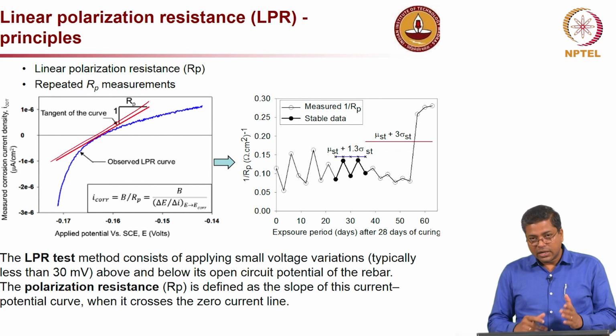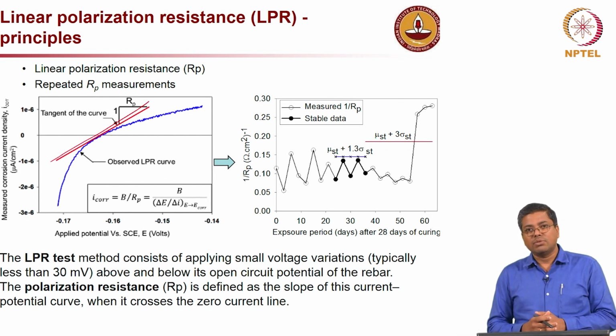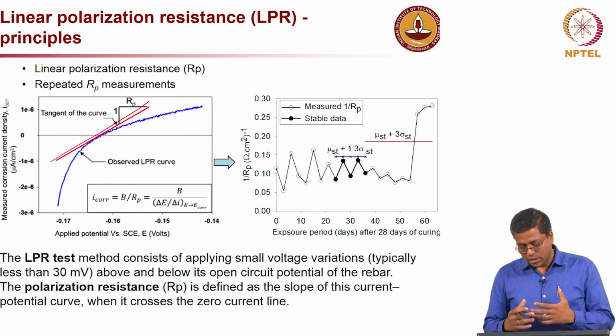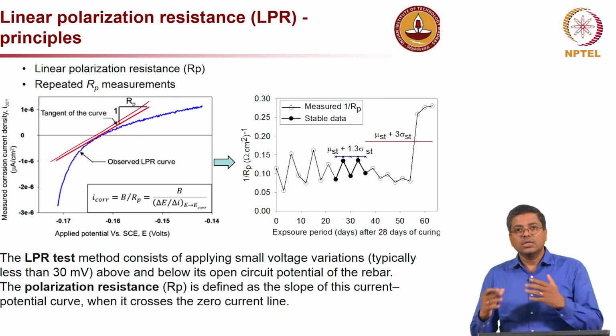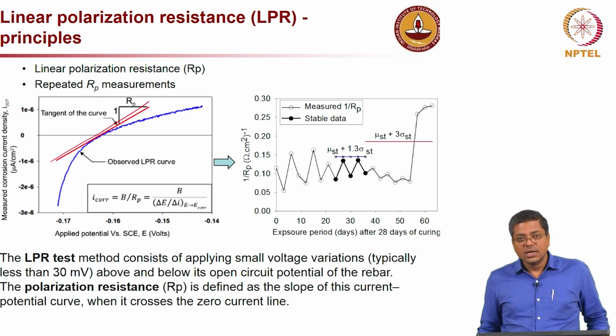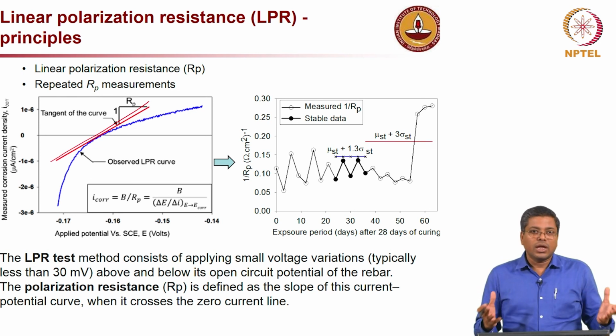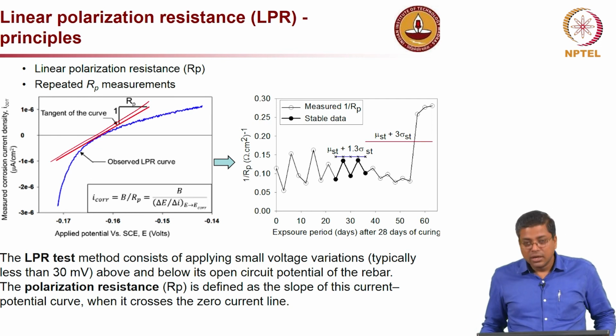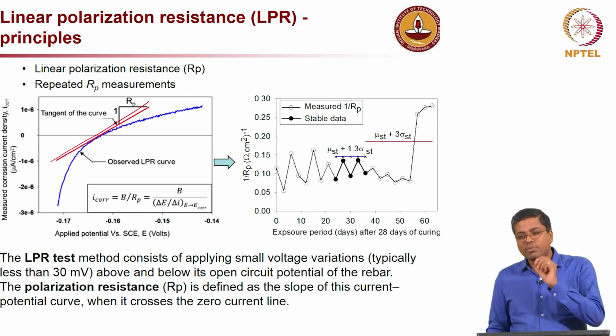Then we take multiple corrosion rate measurements and try to determine the time at which there is an increase in corrosion rate, and at that time we open, autopsy the specimen and determine the amount of chloride at that particular moment.